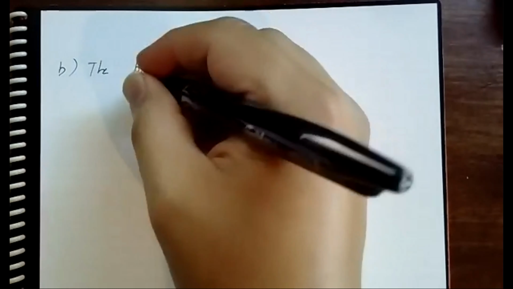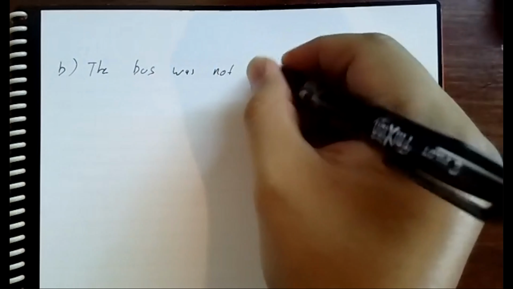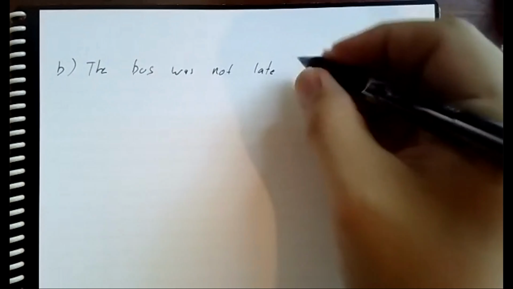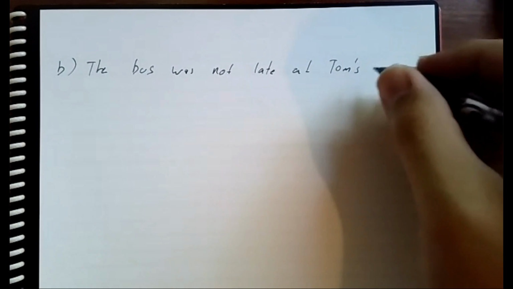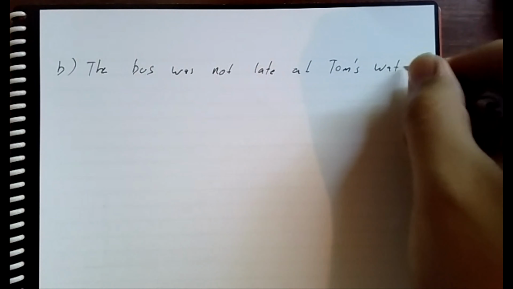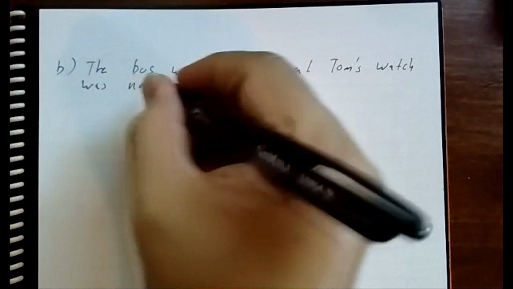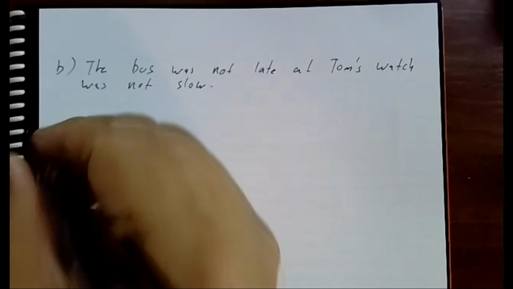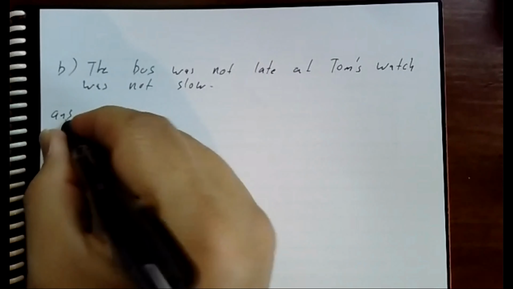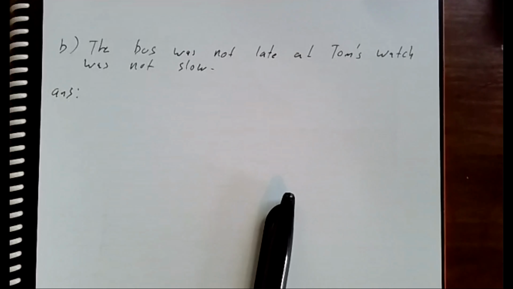B, the bus was not late and Tom's watch was not slow. So think about this. What is the answer here? Let's wait 2 minutes to give everyone a chance to think about it.